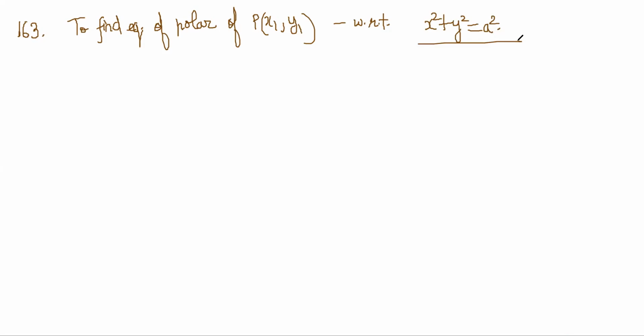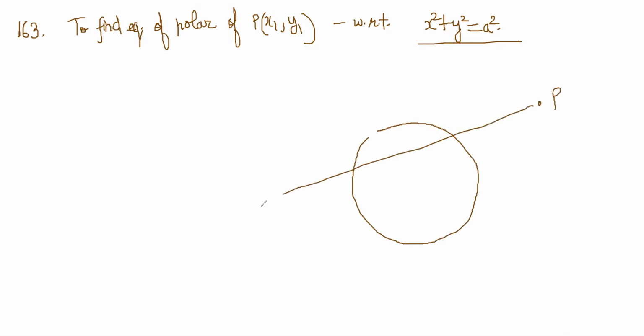So he's saying let QR be any chord drawn through P. There is a circle, there is P, and he has drawn a chord QR. This is Q, this is R, right? Now what do I have to do?